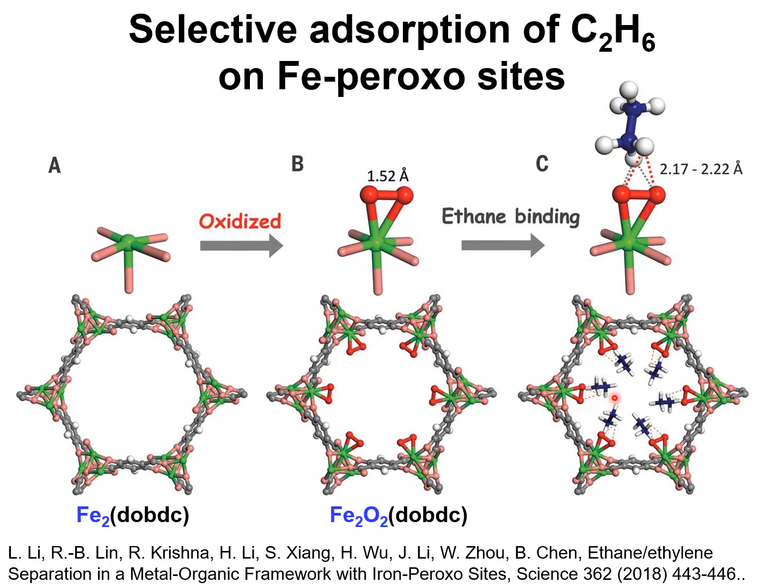The two H atoms of C2H6 may bind with these peroxosites in the manner indicated in this diagram. This important development was published in Science in 2018.